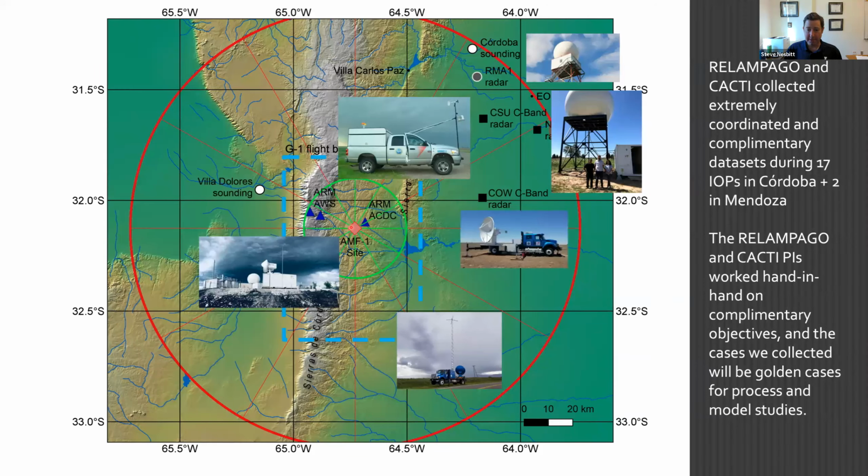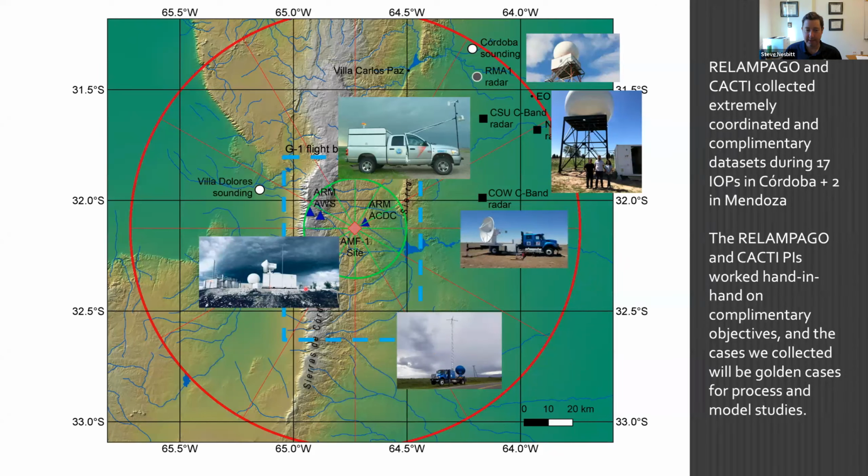Now, our mobile instrumentation included mobile mesonet trucks, which you see here. These are part of the University of Illinois farm facility, which is an NSF facility that includes the Dow radars, pictured down here. We had 3 X-band radars and also a C-band radar that was deployed here downstream of the terrain.